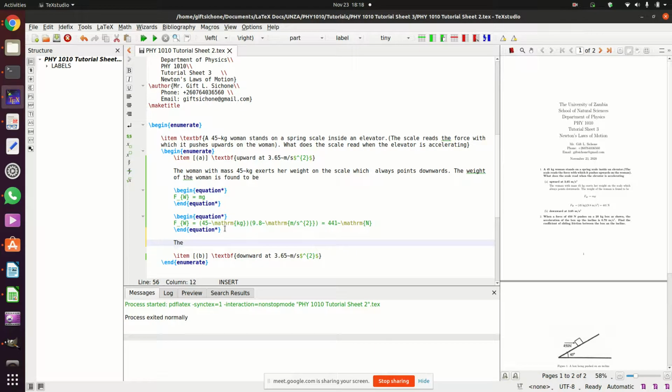So the woman exerts a weight of 441 newtons on the scale.